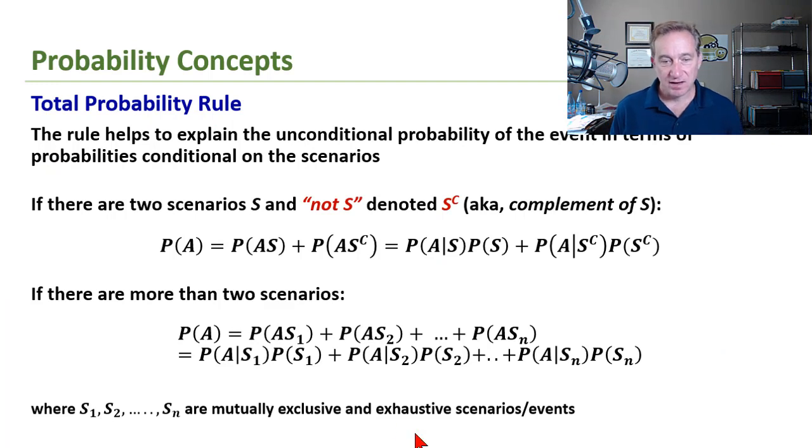And so then we have the total probability rule. The rule helps to explain the unconditional probability of the event in terms of probabilities conditional on the scenario. So if there are two scenarios, we could say S and then not S. And the not S is denoted here as S complement.